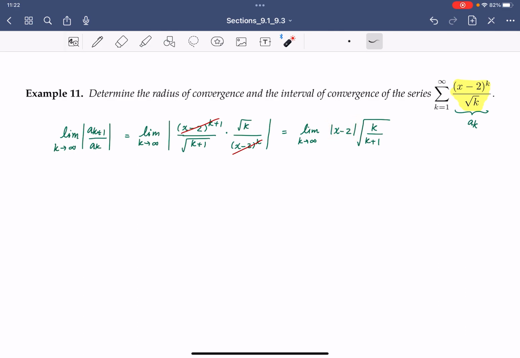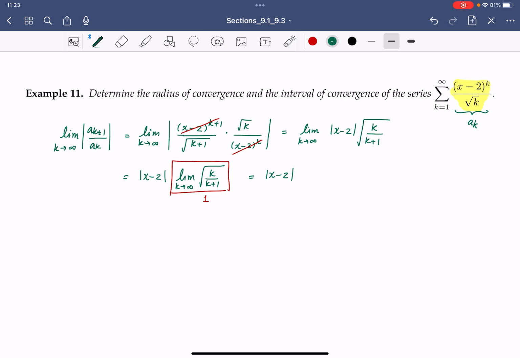If you don't have the absolute value here, you're going to have a problem when you find the radius of convergence later. So we're just going to pull out |x minus 2| from the limit. So you're going to get the limit of the square root of k over k+1. And this is actually 1, right? It is the square root of 1, which is 1. So basically this is |x minus 2|.